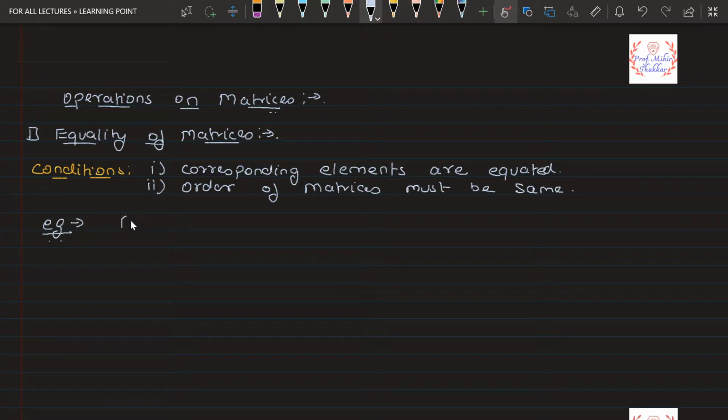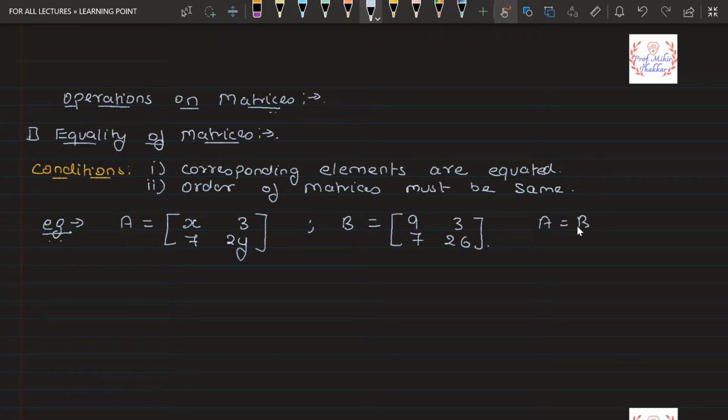For example, if you have a matrix A which has got elements x, 3, 7 and 2y, and there is a matrix B which has the elements 9, 3, 7 and 26, and the question has given us the condition that matrix A is equal to matrix B, we need to find x and y.